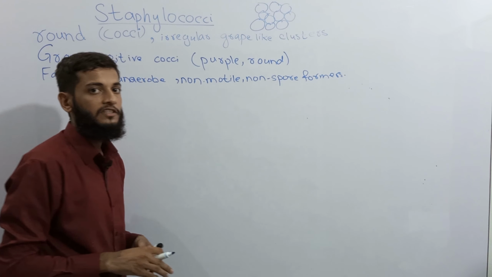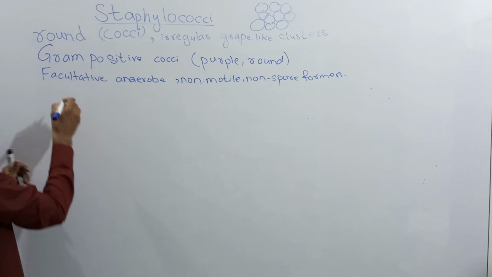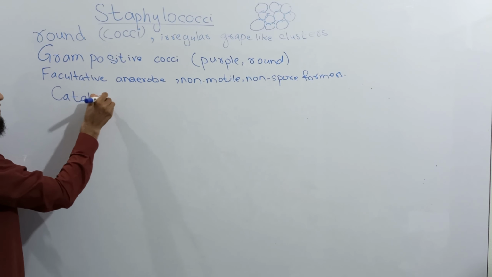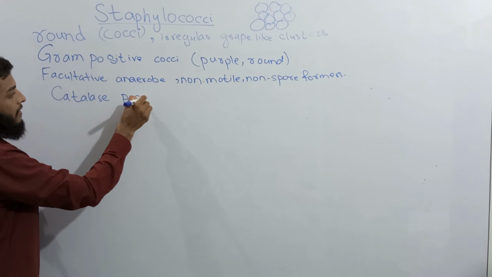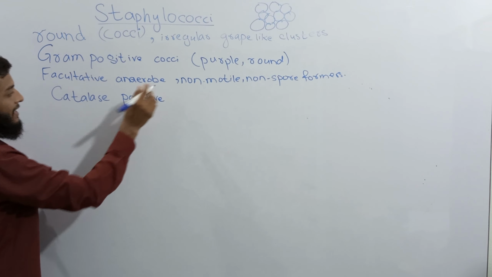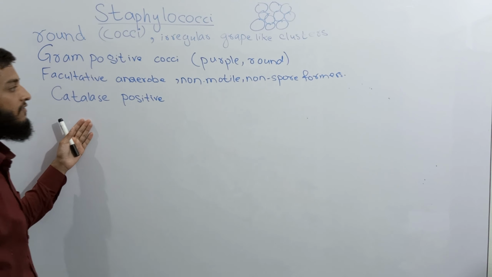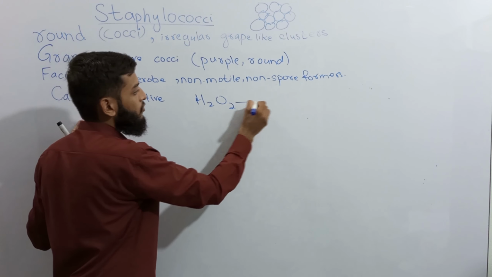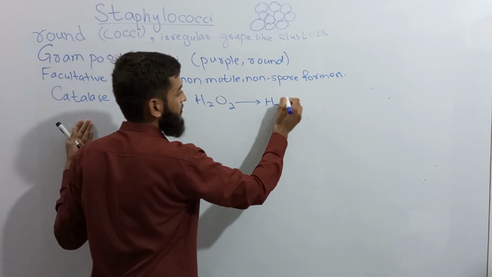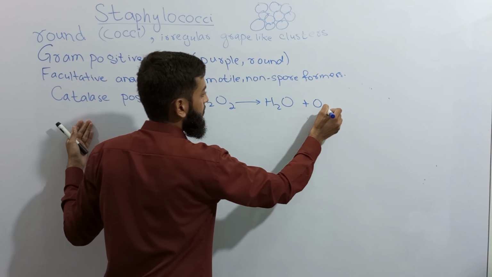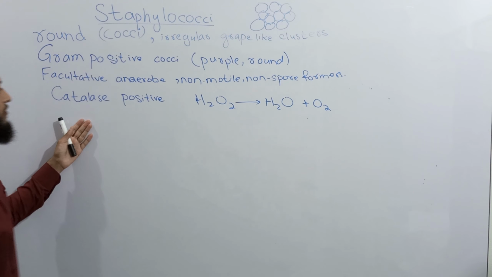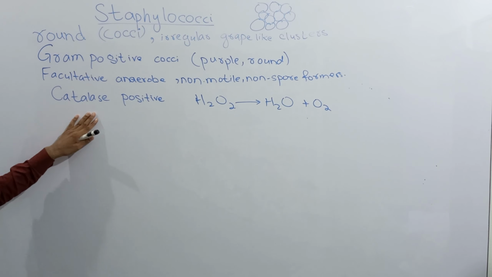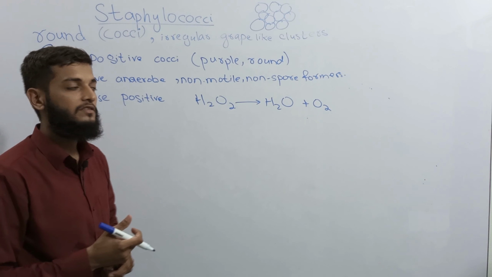Another important characteristic of staphylococci is that they are catalase positive. Catalase is an enzyme that can convert hydrogen peroxide into oxygen and water. Catalase is one of the virulence factors of staphylococci, which means it plays a role in causing disease in humans.